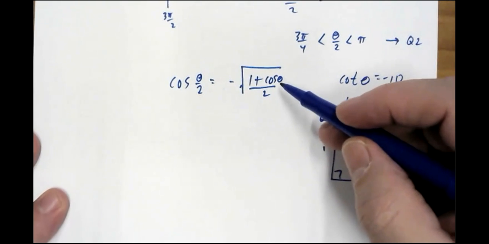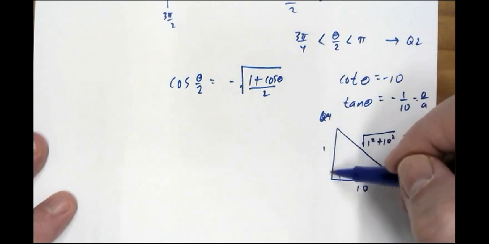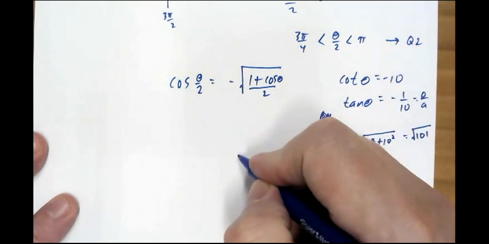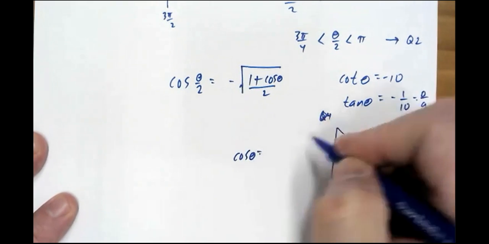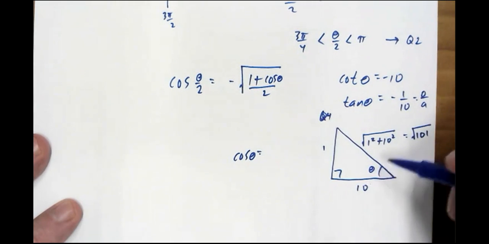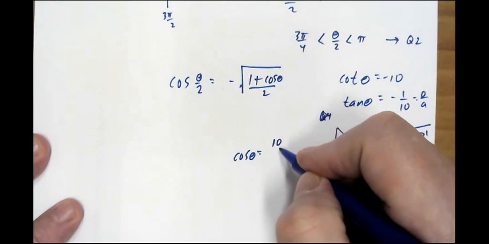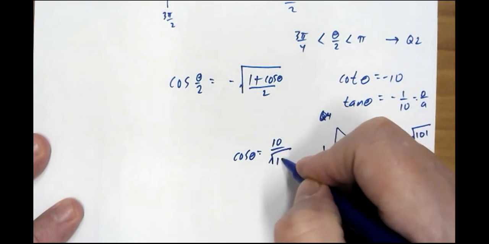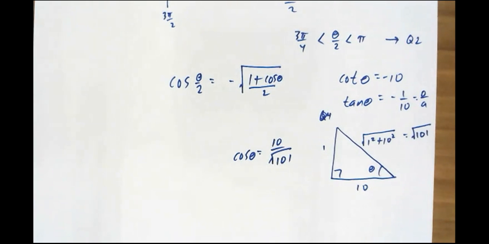What I need for my formula is the cosine of theta. So now that I have this right triangle, what would the cosine of theta be? So CAH, adjacent over hypotenuse. So there we go.